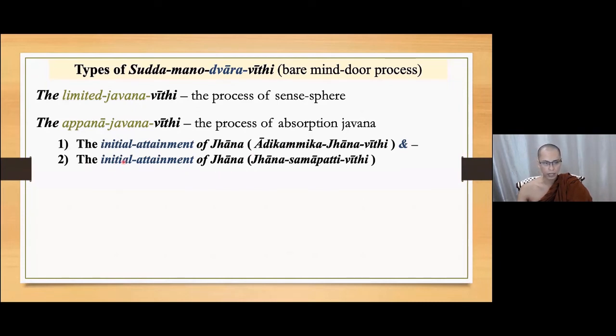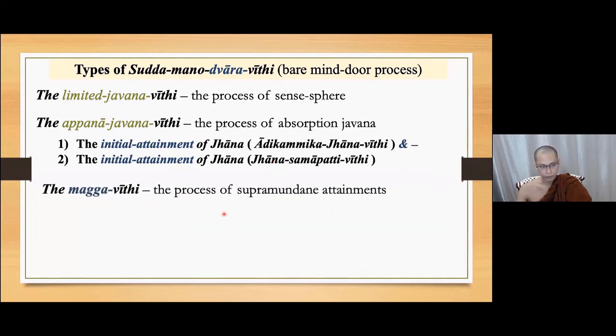The attainment of jhana, we should remove the word initial, is called the jhana samapatti viti. So the first one is adikammika, the initial attainment, the very first time; and jhana samapatti is entering the jhana again after the attainment.